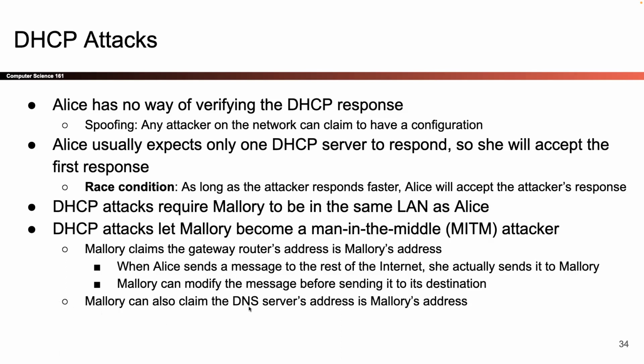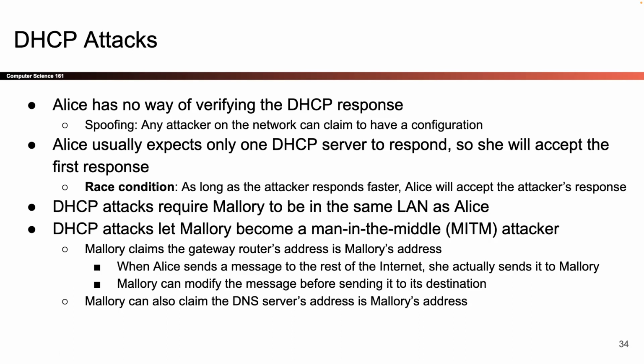And even though we haven't talked about what the DNS server is, you can imagine that Mallory could also lie about that too. So instead of saying, that's where the helpful friend is who can answer all of your DNS queries, whatever those are, Mallory could claim that she is the helpful friend and any DNS query should go to Mallory instead. And that could be bad if we're relying on this helpful friend for some sort of information that we care about.